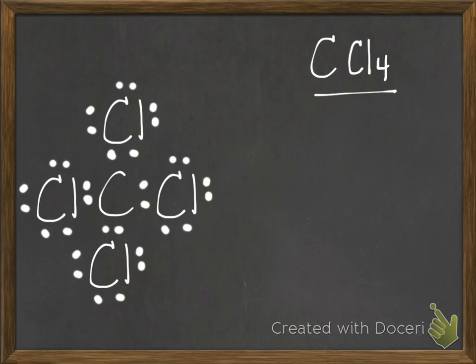Now, every place that there are shared electrons, we can replace them with a what? A line. So what this ends up as is, we'll get rid of these. It ends up looking like that.